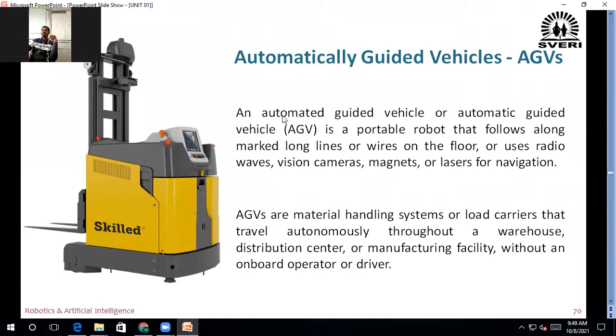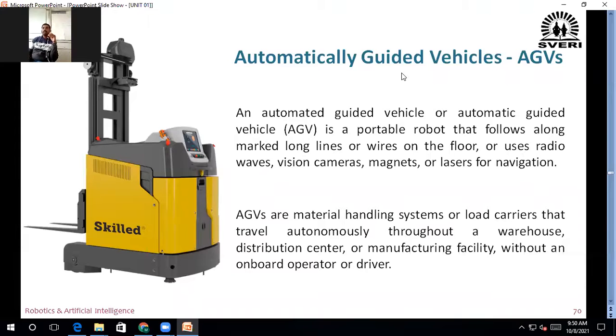Okay, in that also, might be last time, we have seen some videos related to that, as well as we have seen what is meant by automatically guided vehicle, or popularly known as AGVs. Okay, what is meant by AGV? Yeah, this one already we have started in last lecture. Now we will see what is meant by AGVs.